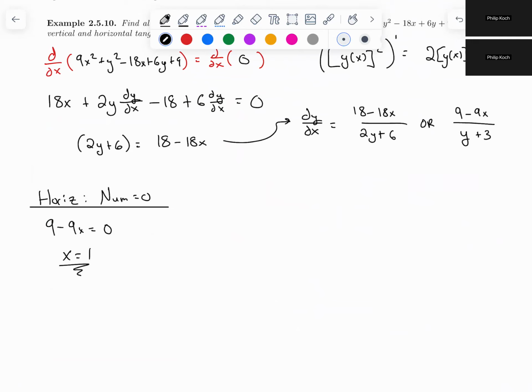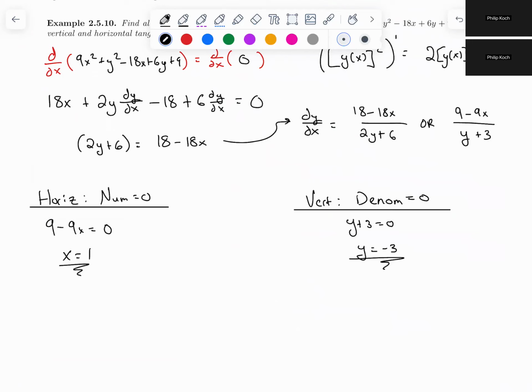That's just an x value. It wants the points. Now you might be tempted to say, and I'm going to start the other one for a second, vertical would be where the denominator equals 0. So you have y plus 3 equals 0, so you get y equals negative 3. And it's tempting to write that the answer should therefore be 1 comma negative 3.